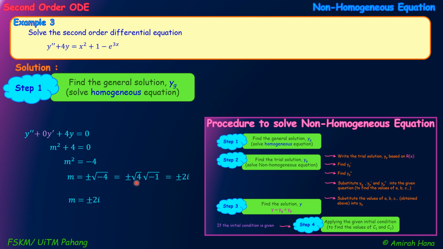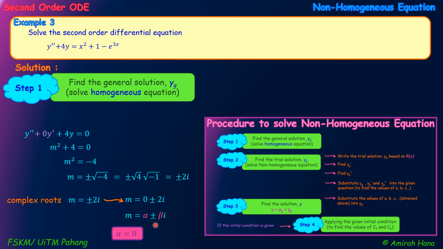So m equals plus minus 2i. Because we have a term containing i, which is an imaginary number, it means that we have complex roots. If we have complex roots, we need to write m equals real number 0 plus minus 2i, because we want to compare with m equals alpha plus minus beta i.